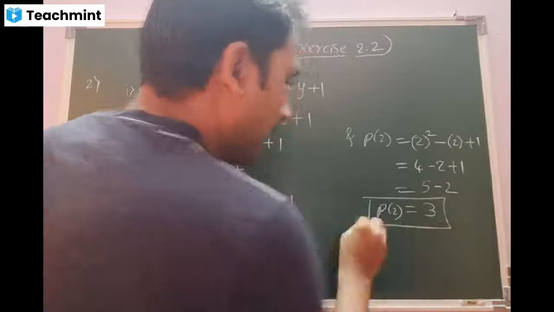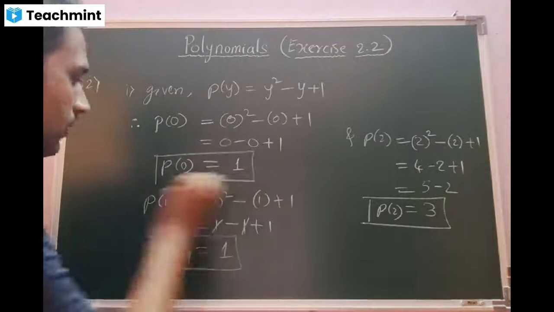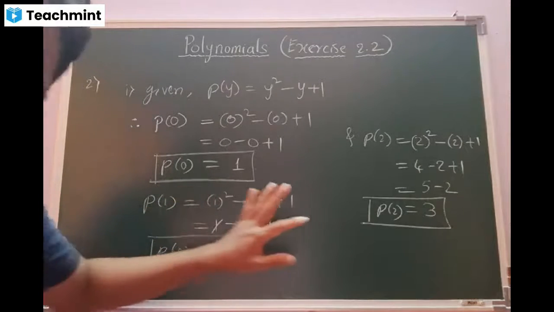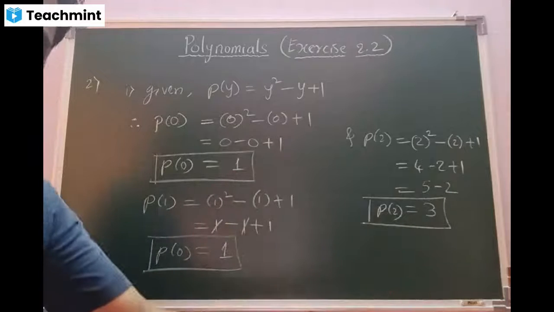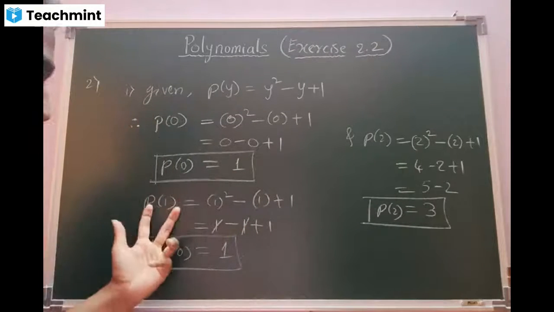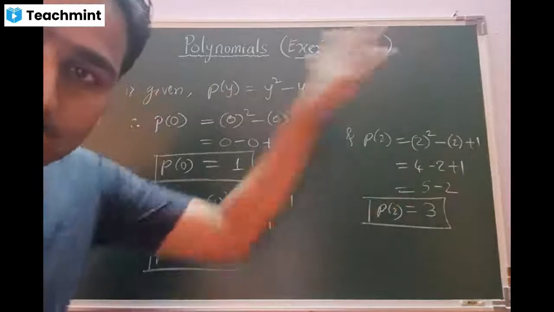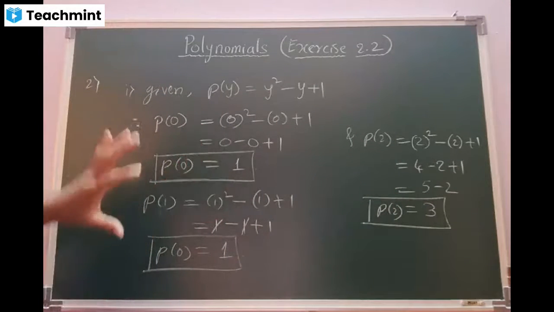This is one answer, this is the second, this is the third. So the change, beta: instead of x is equal to 0, x is equal to 1 and x is equal to 2, directly they said P of 0, P of 1, P of 2. Is that clear to everyone? Yes, sir. Copy it fast.